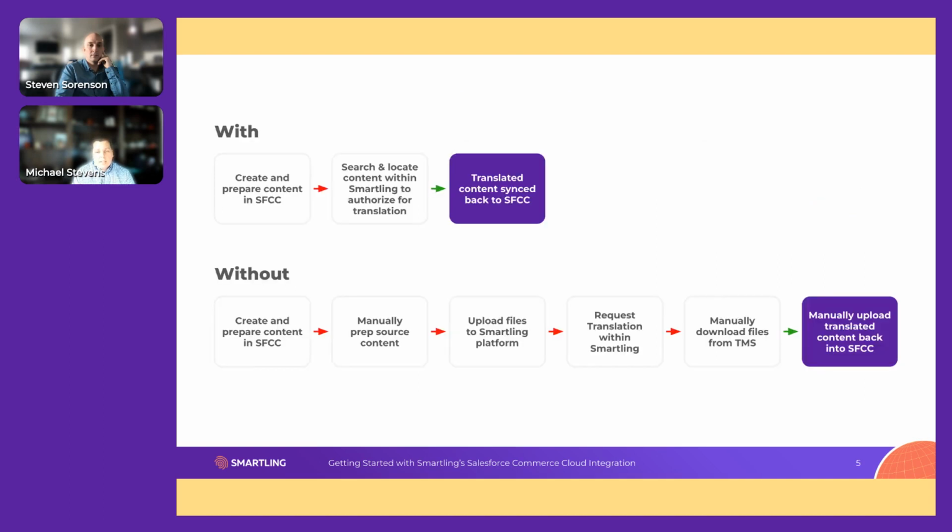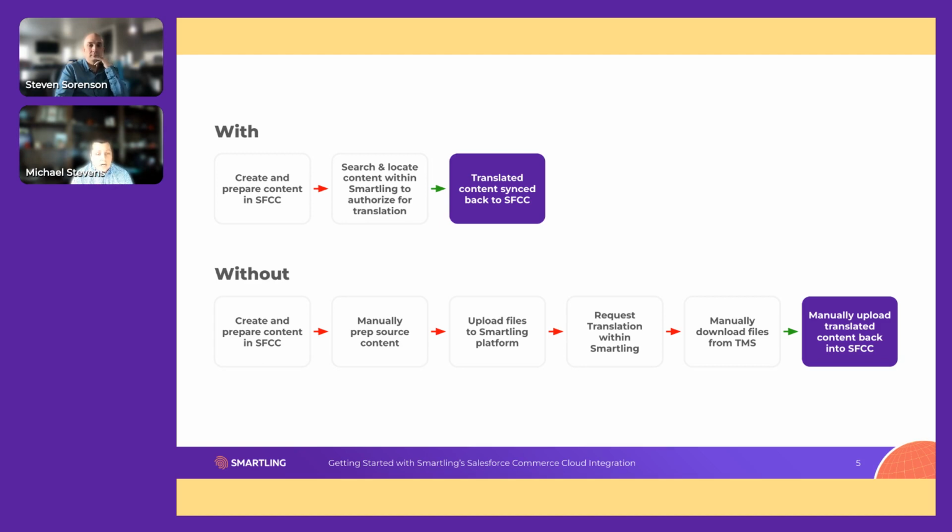So if we look at how that looks, without a connection it's a very multi-step process in requesting product information to be translated and localized. Without it, you have to create and prepare Commerce Cloud for internationalization and localization, set up all the relevant fields.